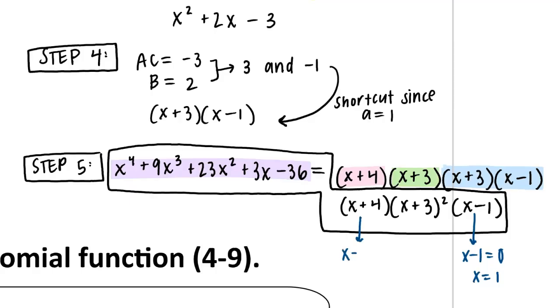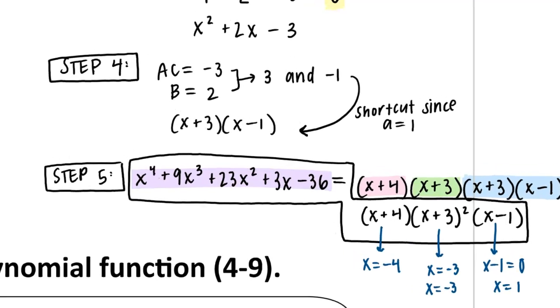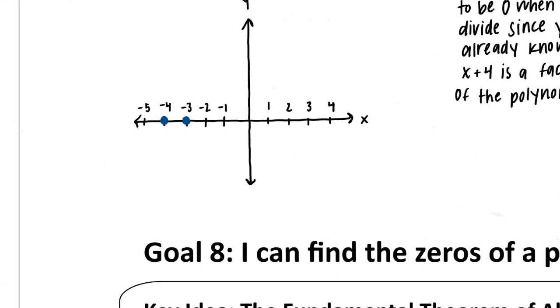So I have x equals -4, x equals -3 twice, because it's a multiplicity of 2, and I have x equals 1. Remember, since it's degree 4, I should have 4 zeros. So I put those intercepts on the graph.